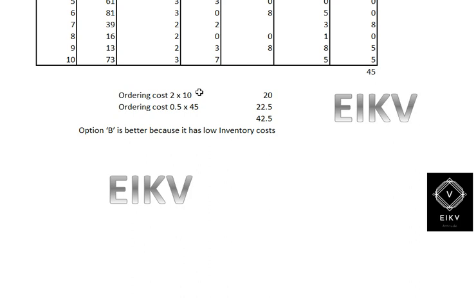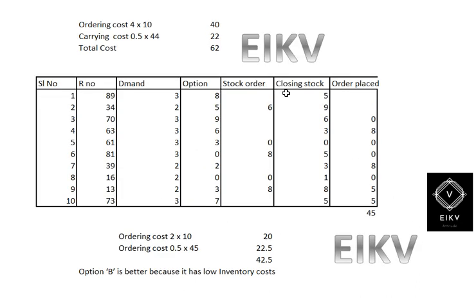So 2 orders into 10 will give you the ordering cost of 20 and the carrying cost of 22.5. The total cost will be 42.5. So option B is better because it is much cheaper when compared with both options. We have 42.5 as the total cost, and for the first option it is 62.